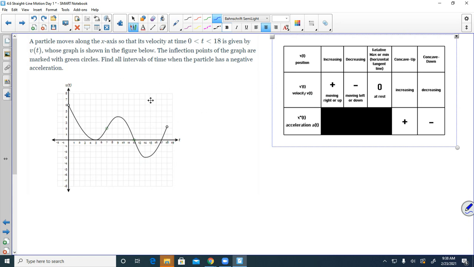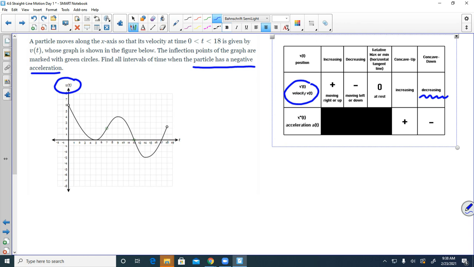The next one, the particle moves along the x-axis with the velocity. We have another velocity graph. Yay, velocity graphs. Find all intervals of time where the particle has negative acceleration. Okay, well, negative acceleration is right here, but I don't have the acceleration graph. I have the velocity graph, which means I need to look for where the velocity graph is decreasing.